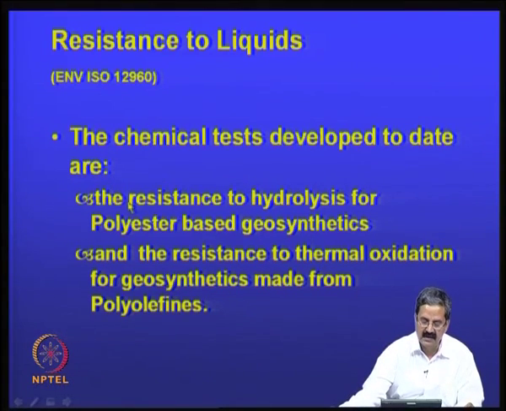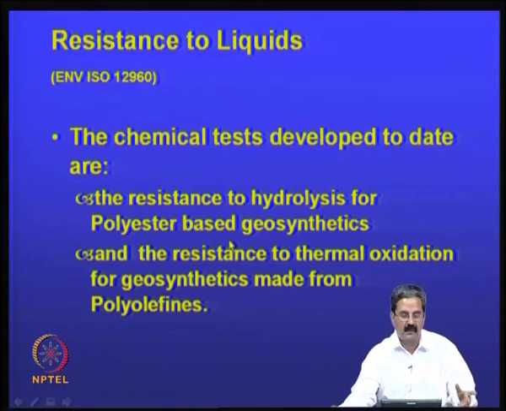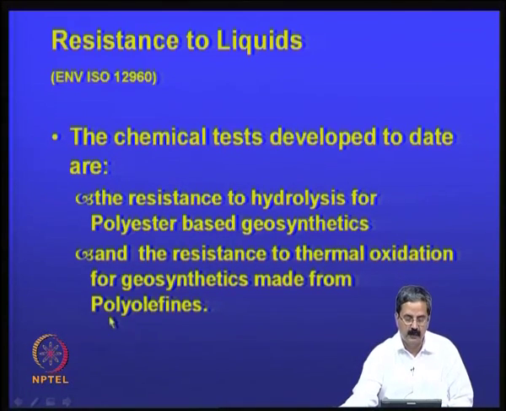the hydrolysis test. Say for example, if you have polyester based geosynthetic materials, there is a possibility that hydrolysis occurs and a polyester material may get degraded. So, there are some specific tests for this, and say for example, you take polyolefins. They have a problem with thermal oxidation, when they are subjected to atmospheric conditions, because of the oxidation and temperature the tensile strength will come down.